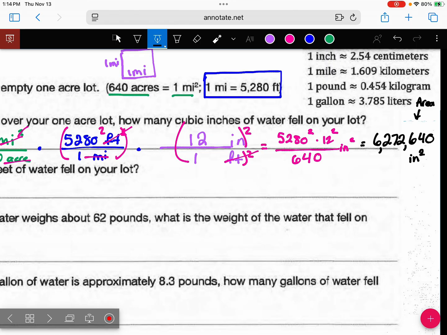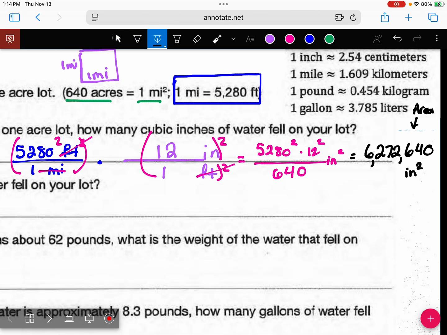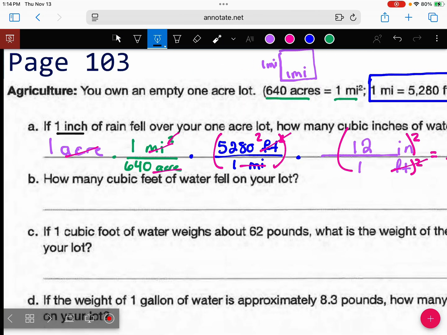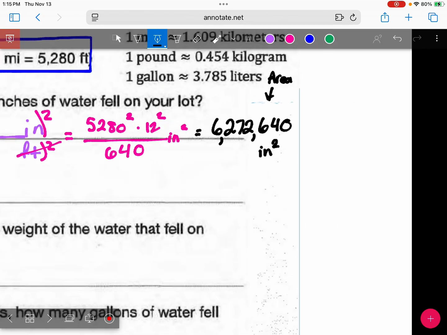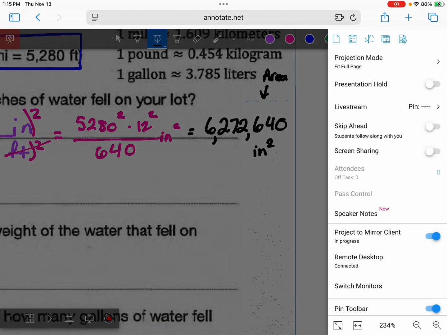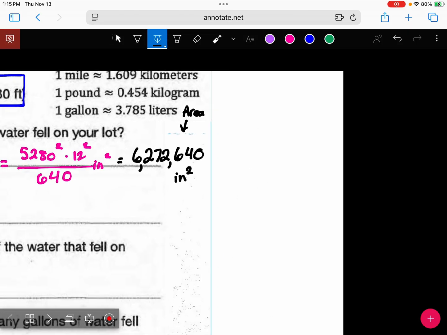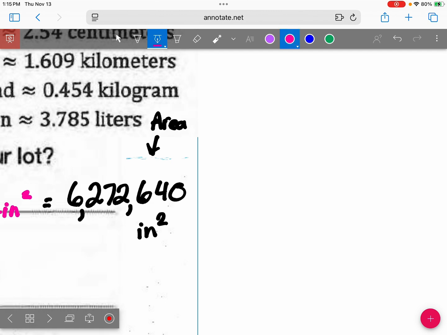If 1 inch of water falls, what's our volume? Our height is 1 inch. Okay, so our area, I'm going to give us a little more space. This is our area, our length times width.